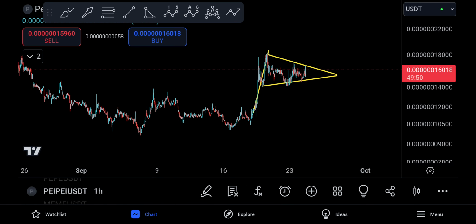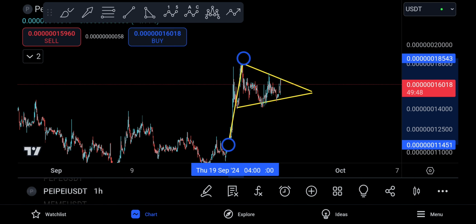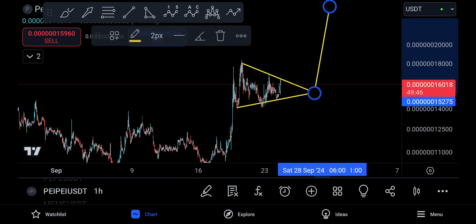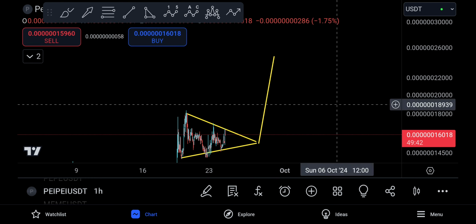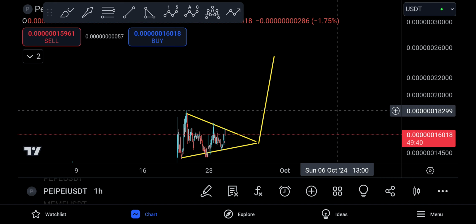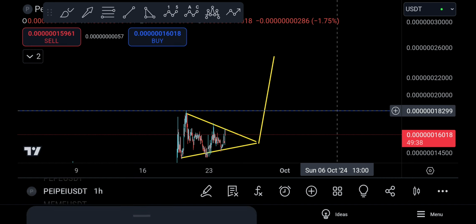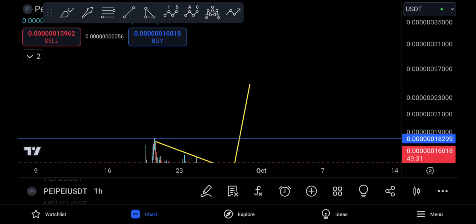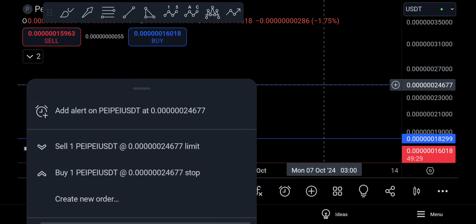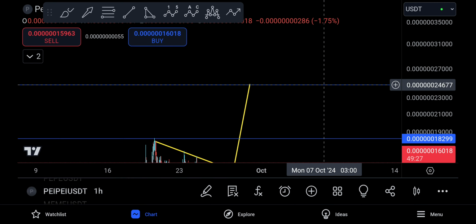The second pole target is going to be similar to how much this target is. So the first target is going to be 18299, because of course you come to the highest part of the pennant if you break, and the second target is 24604, to this first pole high right there.